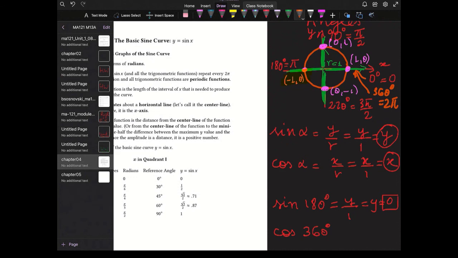And again, for cosine, I need the x value because r is going to be 1 in this case. So basically, I just look at the x value because division by 1 doesn't change it. And the x value of the point I'm referring to is this point right here. So the first coordinate is the cosine, which is 1. So cosine of 360 degrees is 1.